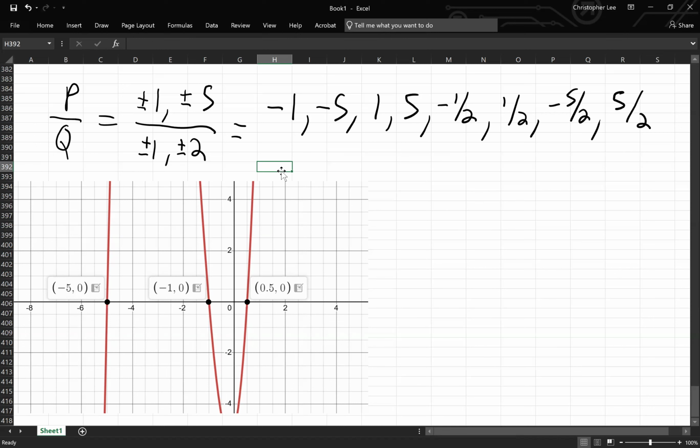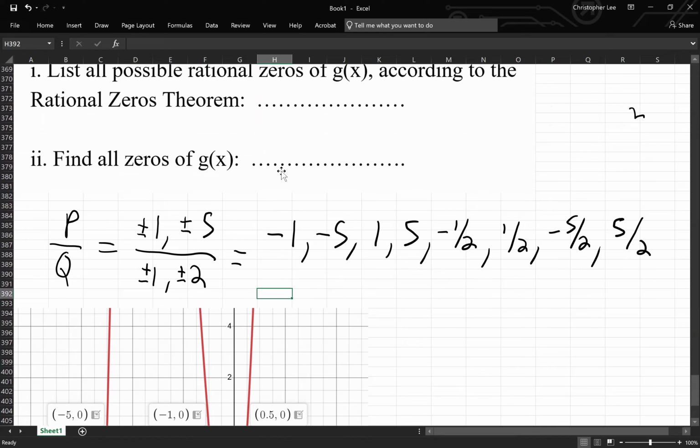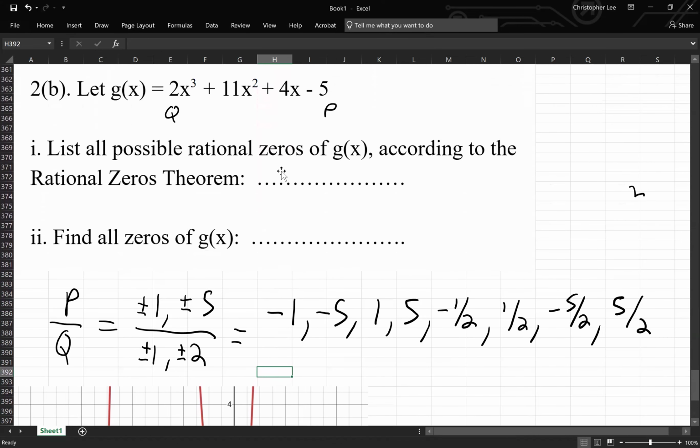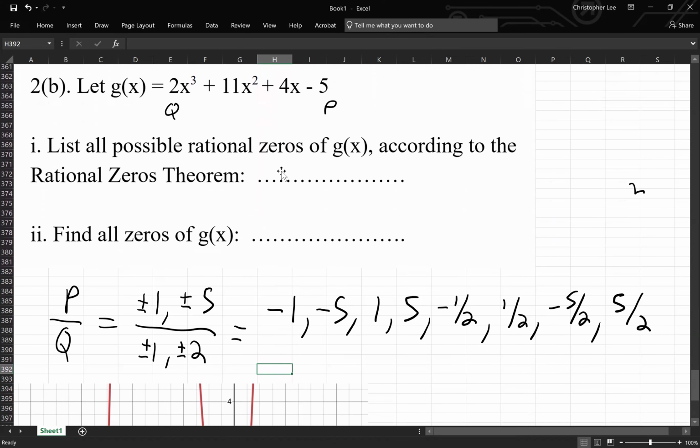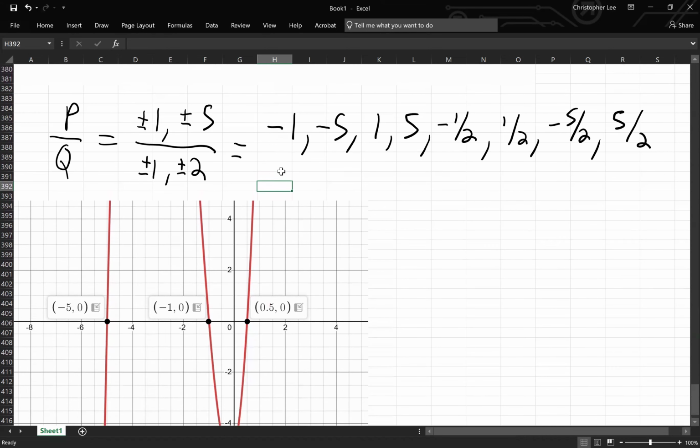You have to prove that it actually works. There's a couple of ways we could prove this. We could prove this through long division. We could prove this through synthetic division. Or you can plug it into the original function and see that it actually works. So let me show you one by plugging it in.